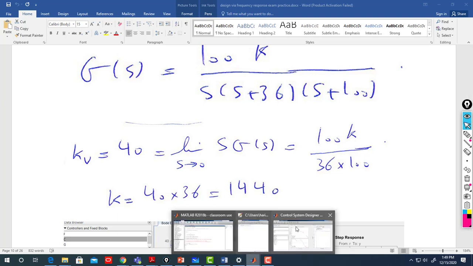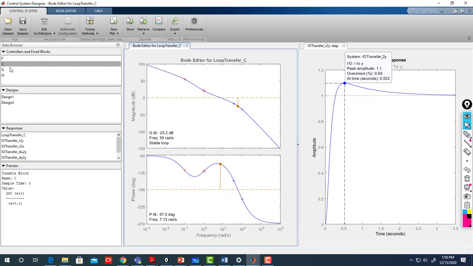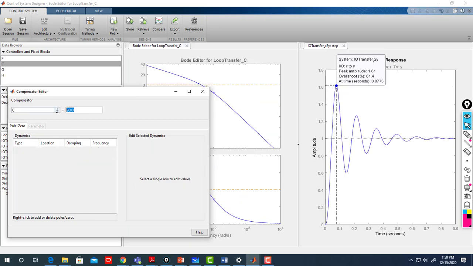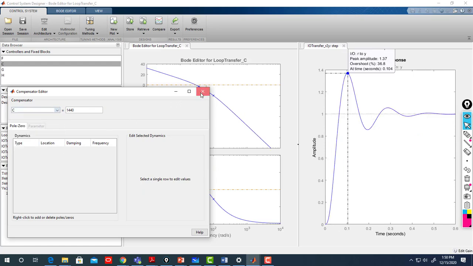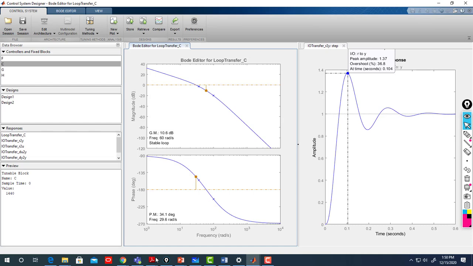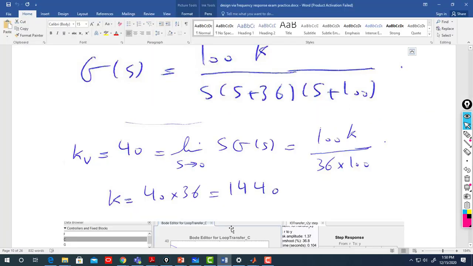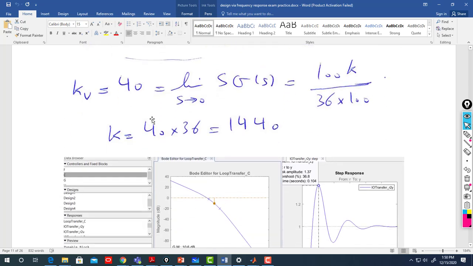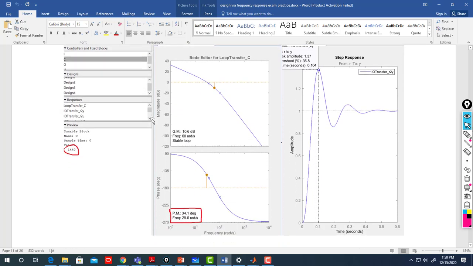So now in my system I take out the lag compensator and use 1440. This 1440 is what gives me the steady state error I want. It gives me a kV equal to 40, for a ramp input, of course.